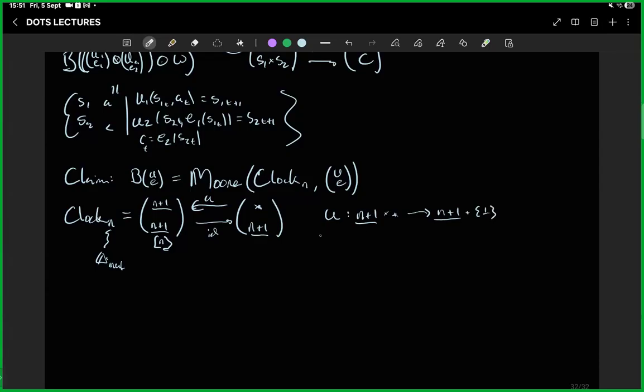And it's going to be u of I is equal to I plus 1 if I is less than n, and if I equals n, we're going to halt. So what is the system? It's a discrete time deterministic Moore machine that has n plus 1 states, and it just ticks up every state. And once it's at the end of its length, it halts. This is a perfectly good clock of length n.